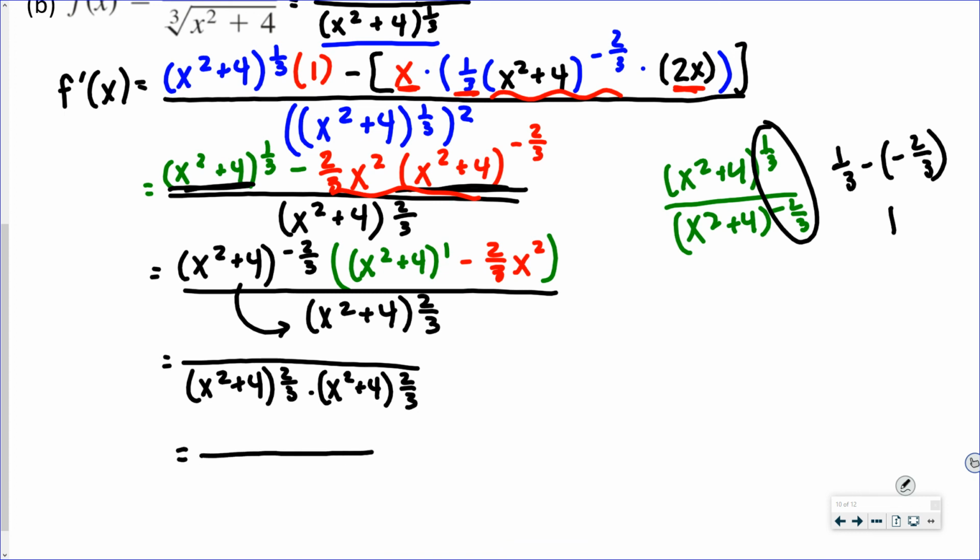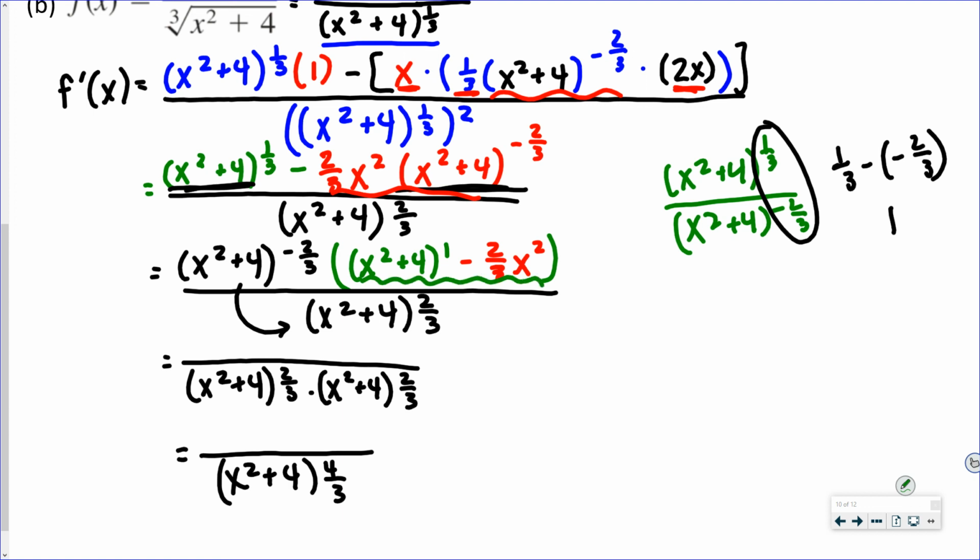Sorry, I didn't give you a ton of room to write on this one. Okay, that's looking good. Now in my numerator, what I end up having is this piece kind of left over.